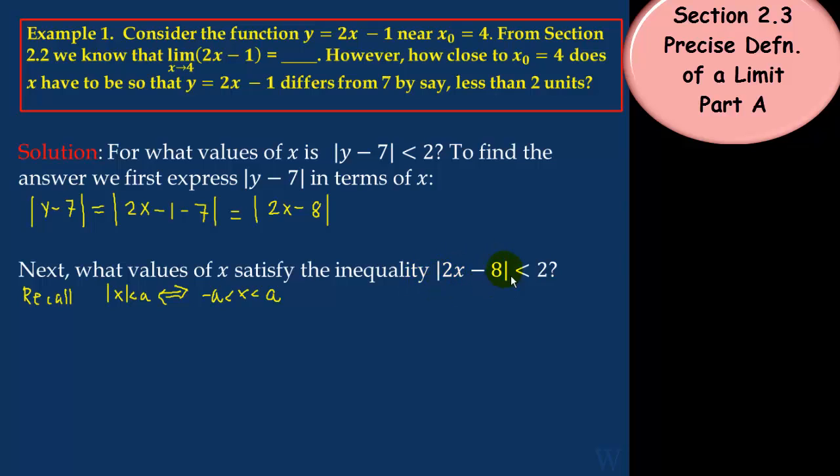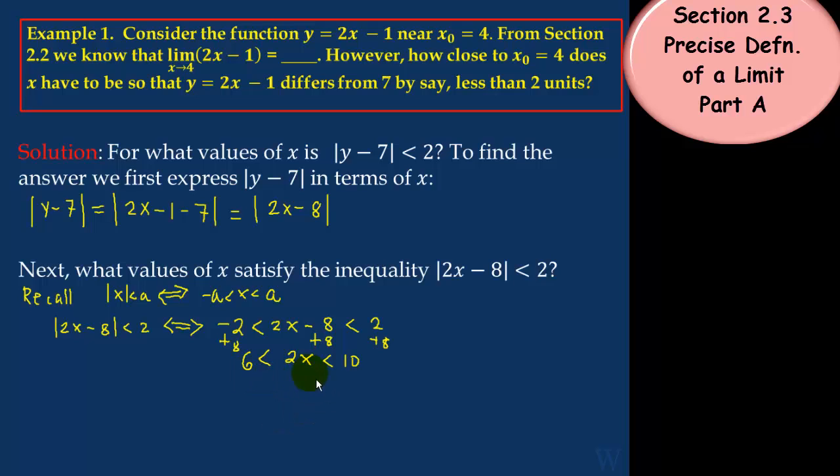So let's rewrite that in this form. What we have is absolute value of 2x minus 8 less than 2, which is equivalent to 2x minus 8 between negative 2 and 2. Let's add 8 throughout, so that what's left here is that 2x is between 6 and 10.